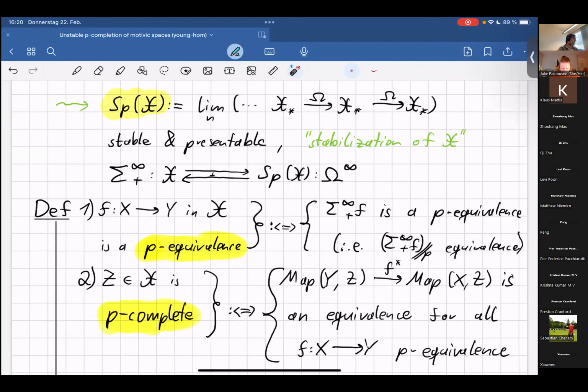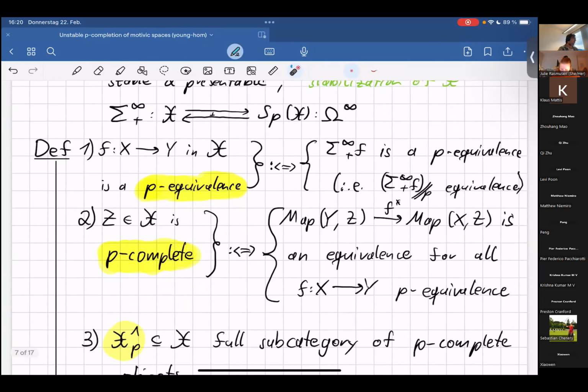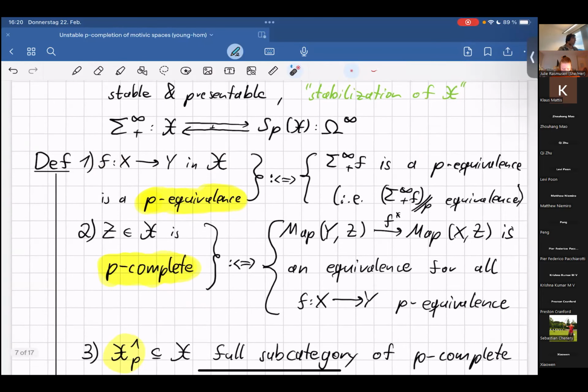And this also explains how we define p-complete objects in anima by starting with a morphism here in X, and we say that it is a p equivalence if its suspension spectrum is a p equivalence. So we go to the stable category, and if we are a p equivalence there, then we are called a p equivalence in X.